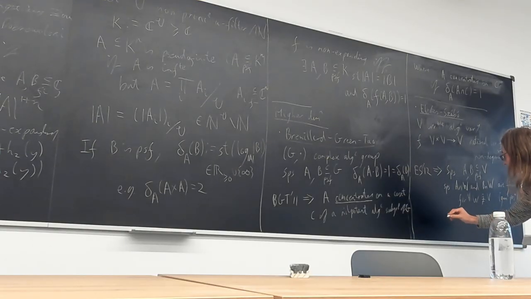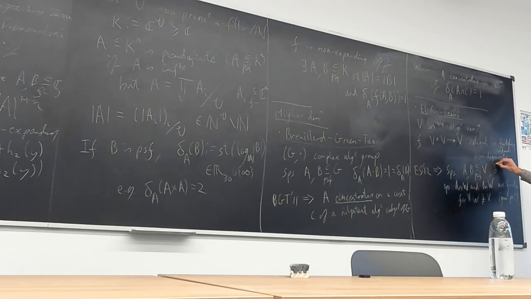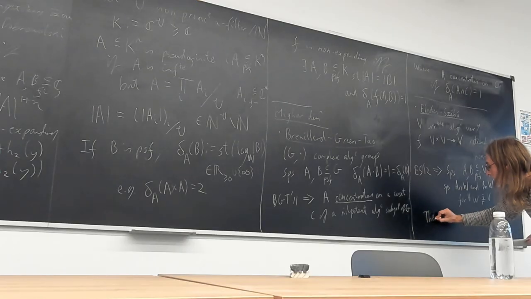And an expansion. Let me put it here, delta of the image of A and B under F with respect to A is 1. Okay, and this general position assumption. Then we get that it comes from a group.